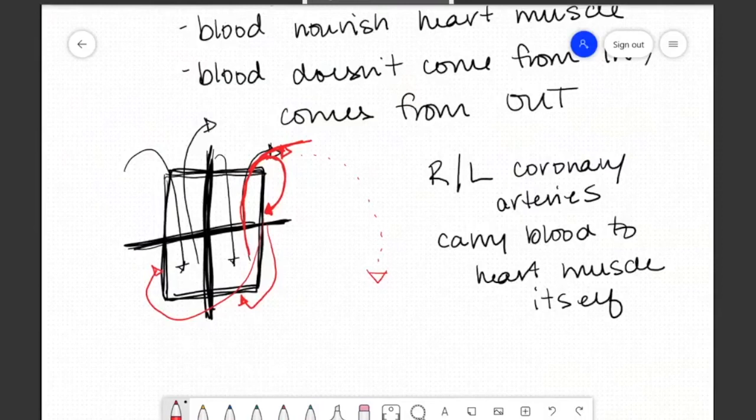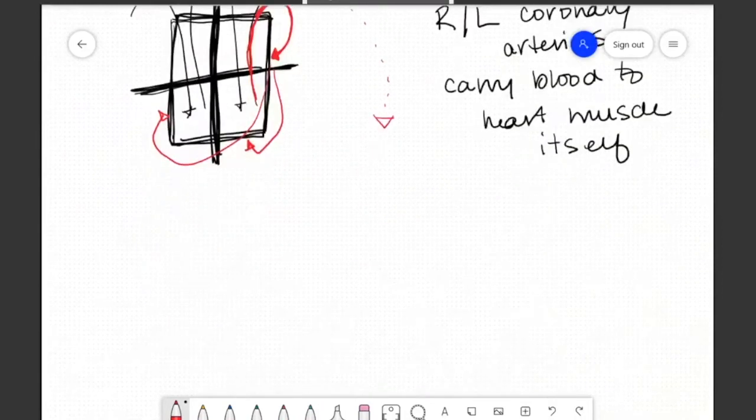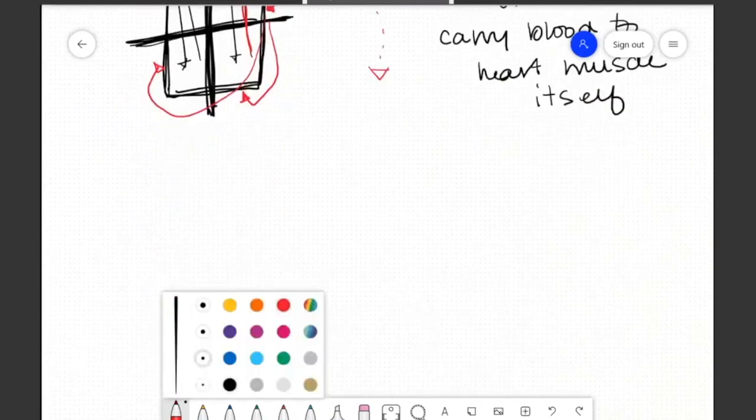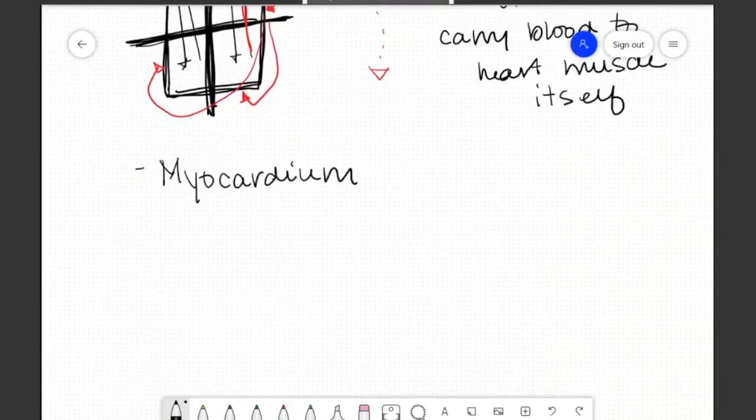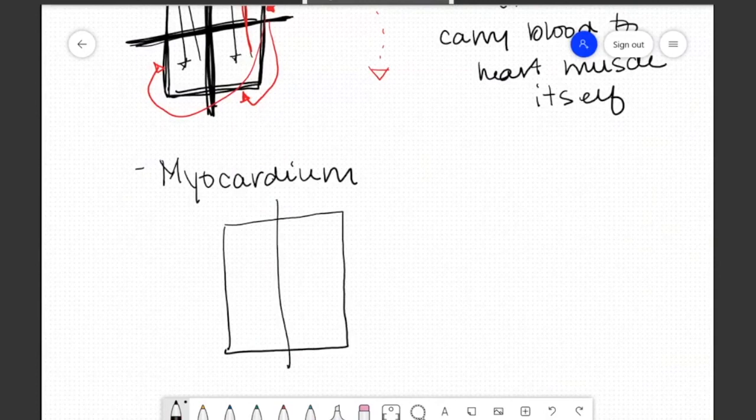Okay, so one thing I want to review real quick is the heart muscle itself, because remember we did talk slightly about the myocardium. Myocardium is the heart muscle. So when we are drawing this lovely little square guy, which I hope is helpful to understand everything, the walls of our square are the actual heart muscle itself.